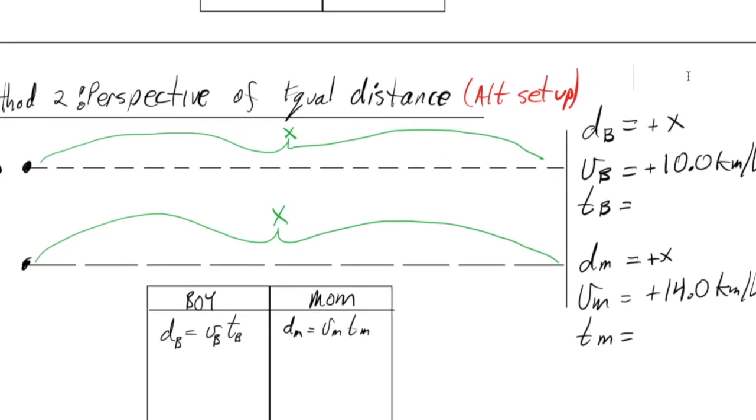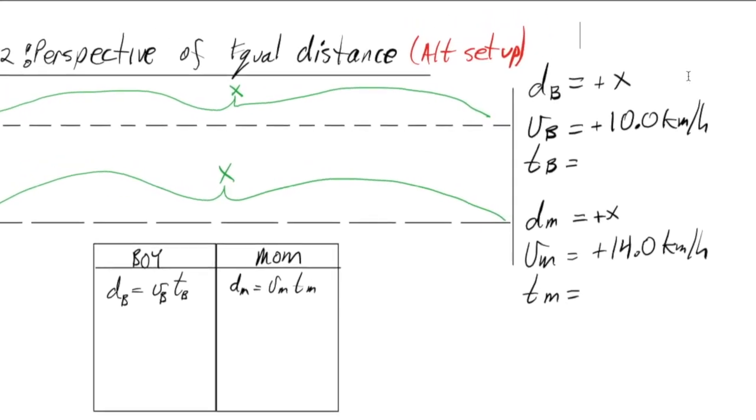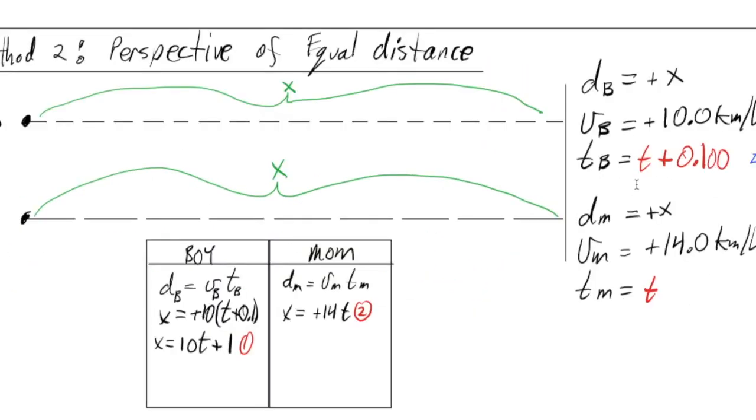Now, the reason why I'm saying it's an alternative setup, because the way I argued about the time, we could have argued it differently. The way we did it is I said that the time of the boy was 6 minutes longer than the time for mom. So that meant I had the time for the boy was t plus 0.1. And that's what I did up here.